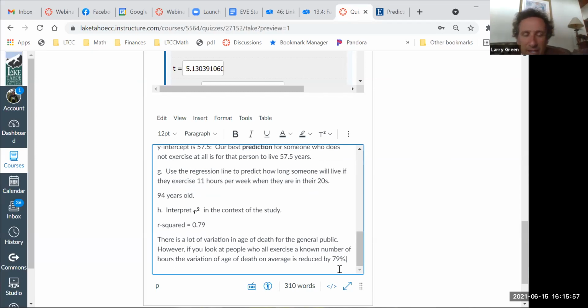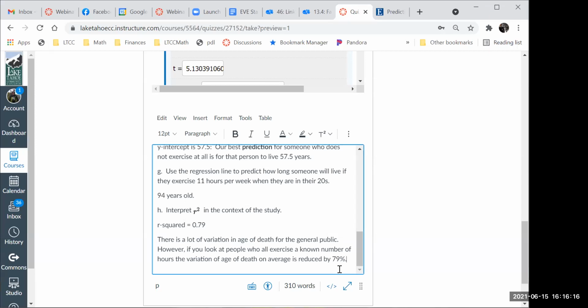Okay, so notice, is exercise a good predictor based on this for age of death? What do you think? Relatively, yes.